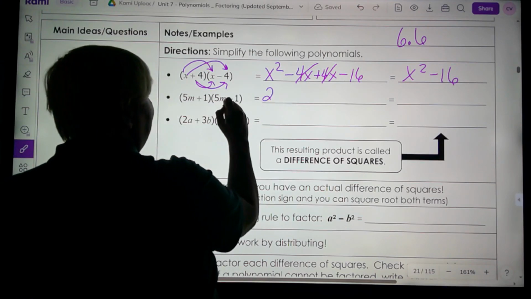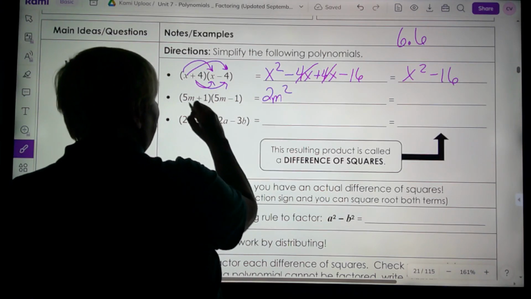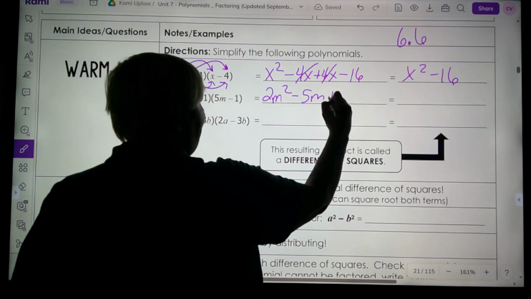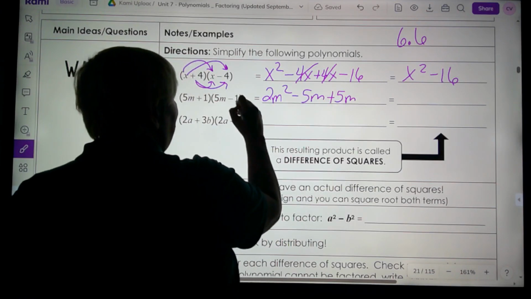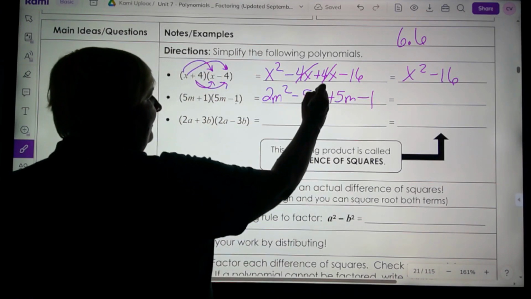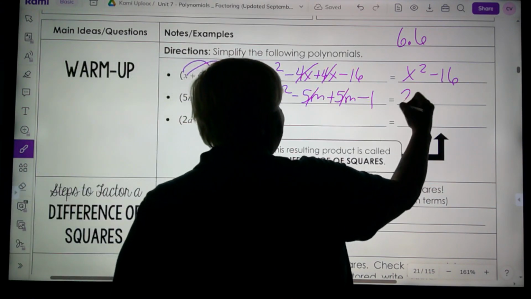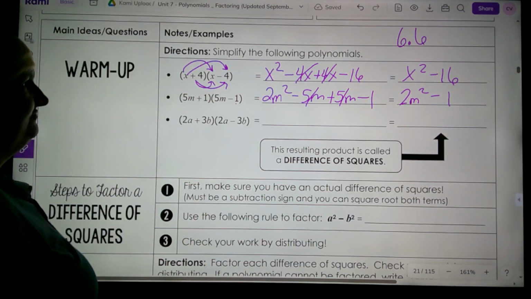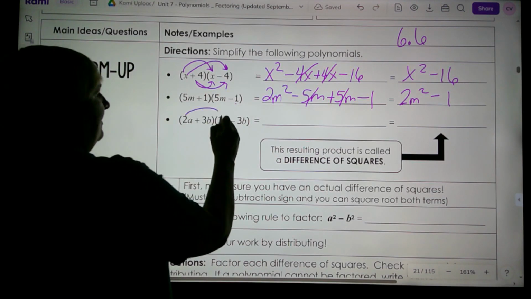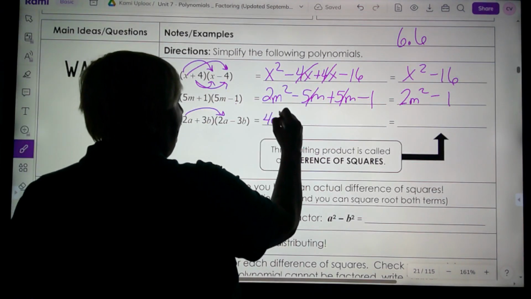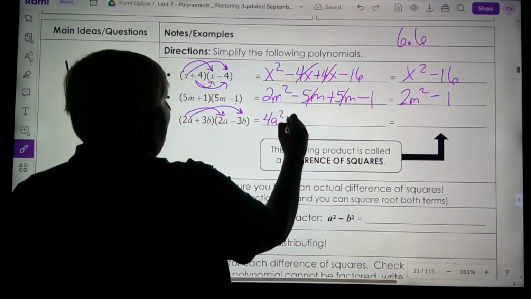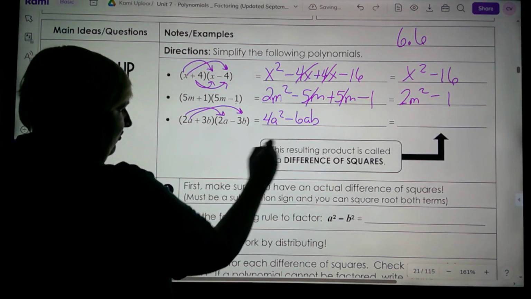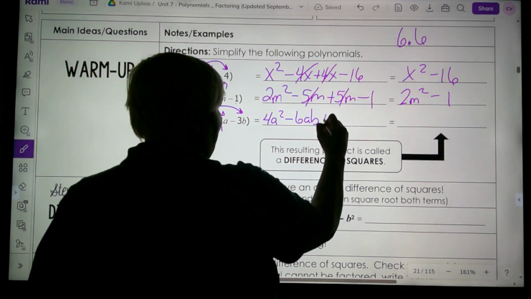25m squared minus 5m plus 5m minus 1. Cancel your inverse, your opposites. 25m squared minus 1. For a squared, negative 6ab, alphabetical, plus 6ab.